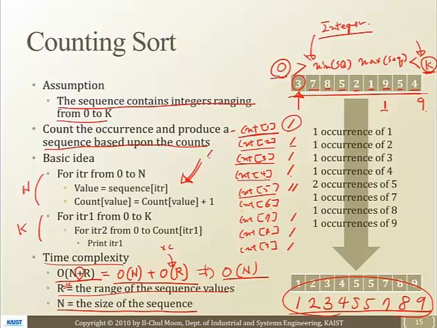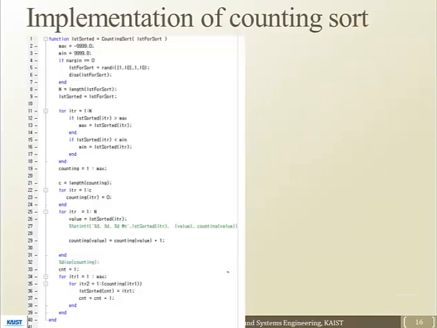There are no inequalities here. If we see any of these inequalities in these routines, it falls into comparison-based sorting, and the best performance would be limited to order of n log n. Because we are not using the inequalities, we are achieving order of n time complexity.